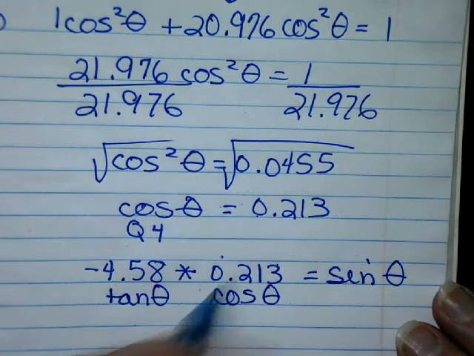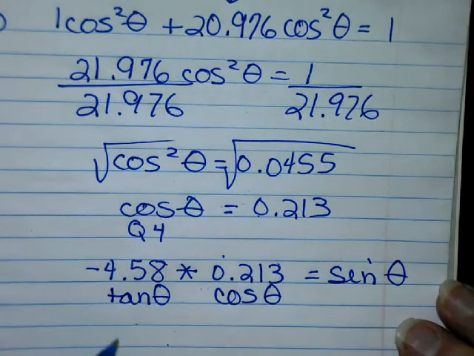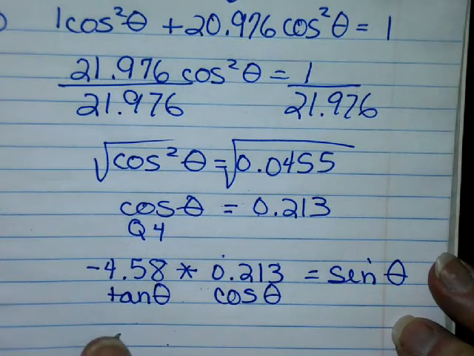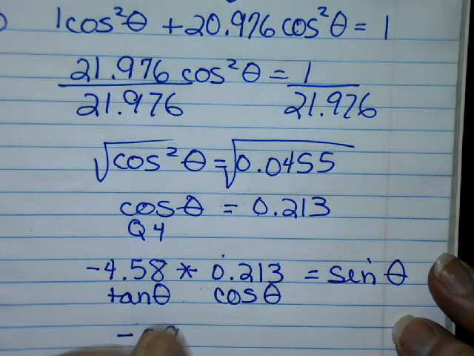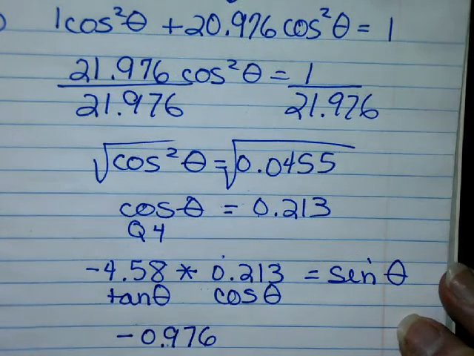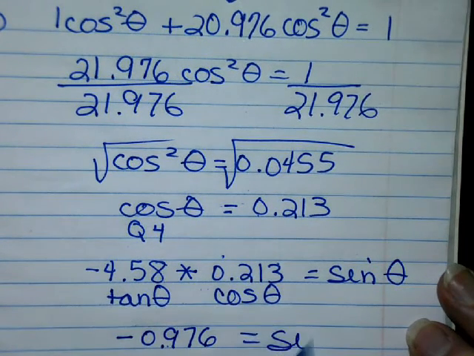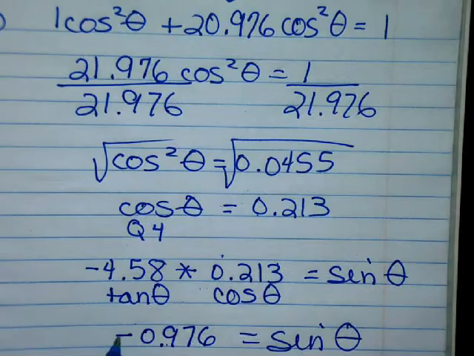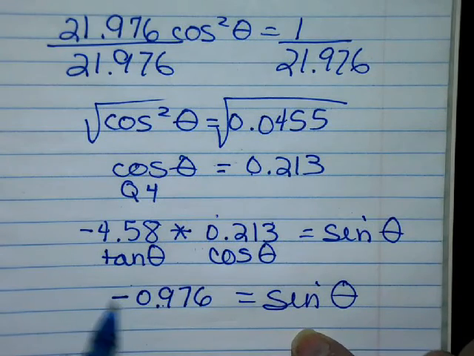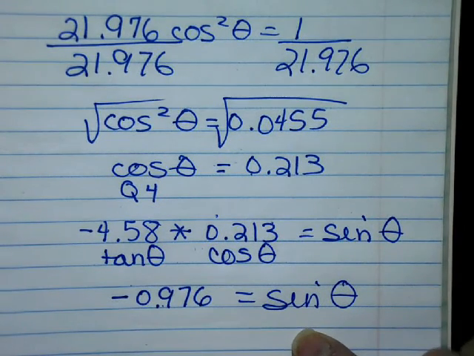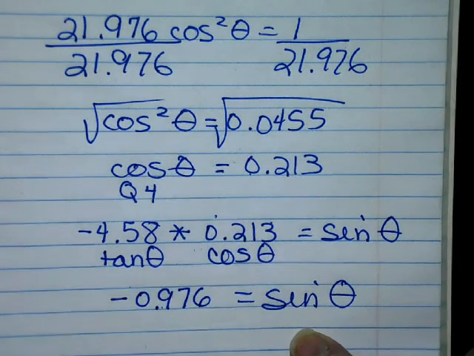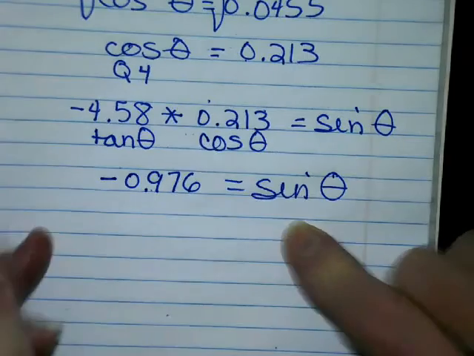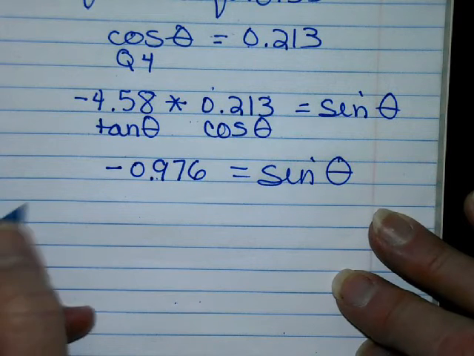So this is my tangent number times my cosine number is my sine number. Do that math, and I get a negative 0.976. So that's the sine. And it's in the fourth quadrant, and sure enough, sines are negative.